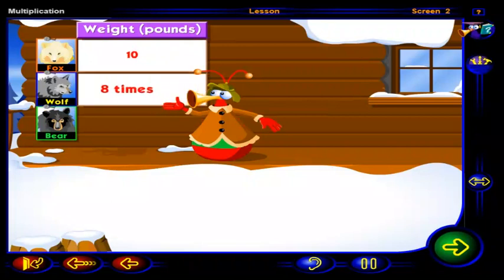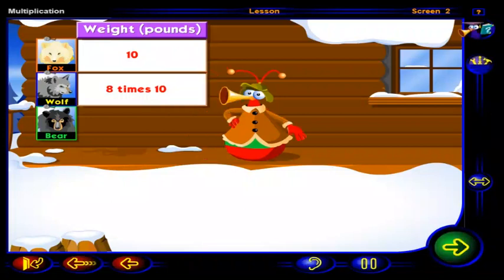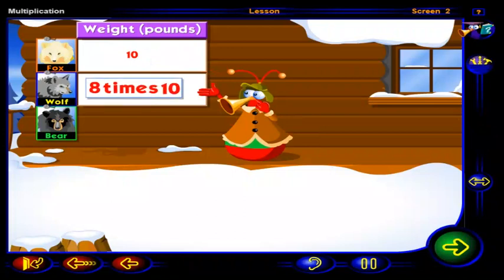The gray wolf weighs about 8 times the weight of the fox, or 8 times 10 pounds. What is another way to write 8 times 10?